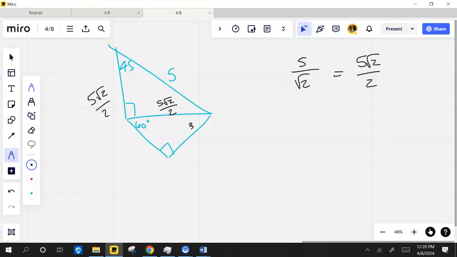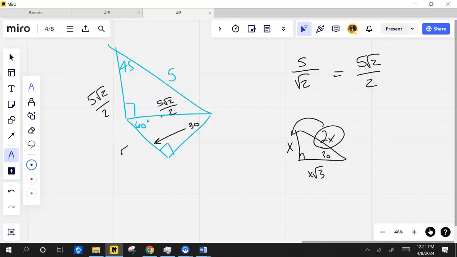Now, I'm going to look at my 30, 60, 90 triangle, and remember, I'm always making my way back to the short leg. So what's the relationship between the hypotenuse and the short leg? It's doubled. That's exactly right. In a regular 30, 60, 90 triangle, the short leg is doubled to give me the hypotenuse, and to get the long leg it's times square root of 3. So I'm going from hypotenuse to short leg, so I need to divide by 2.